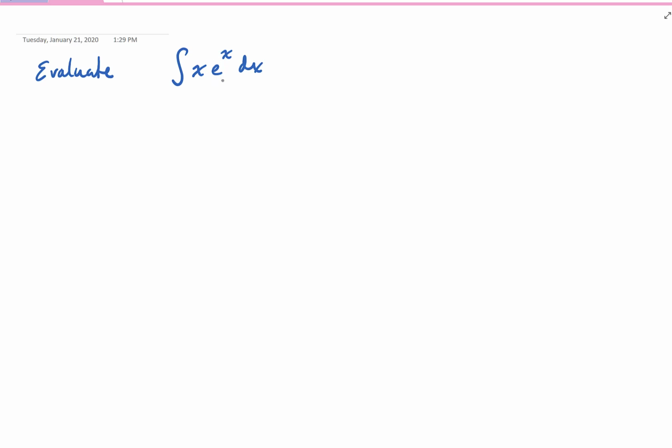And if you have a function that continues to cycle through derivatives, we usually let that be our dv. Again, that's just a rough rule of thumb. So here we go, let's give it a shot.